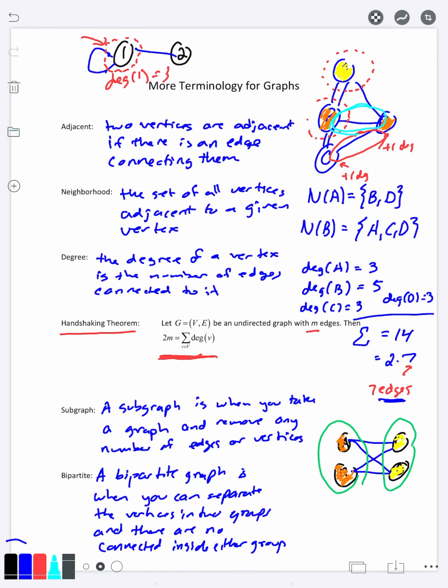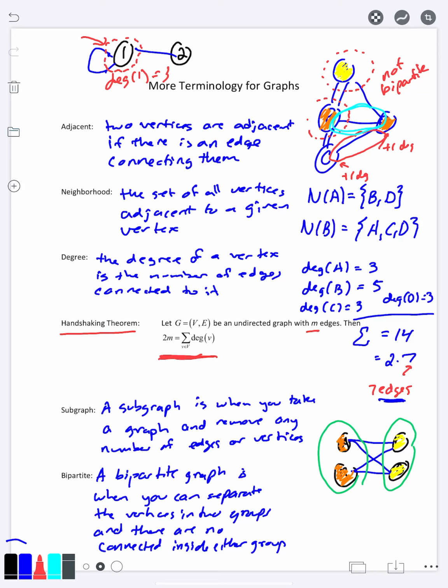Right here, I have a connection between two orange things. So what that means is I could not have both of those being orange, but they also can't be yellow because they're connected to the top, which means two colors is insufficient for this graph, and so this graph is not bipartite. So if you can do it only using two colors, then you are guaranteed to be bipartite, and if you cannot do it with only two colors, it is not bipartite.